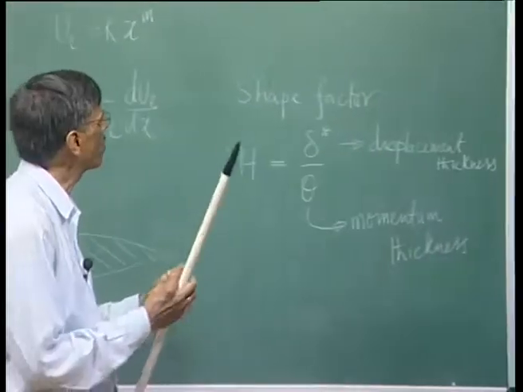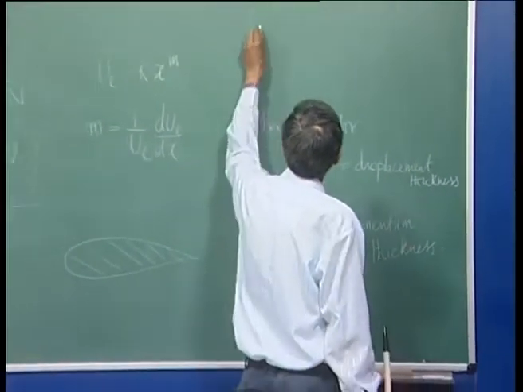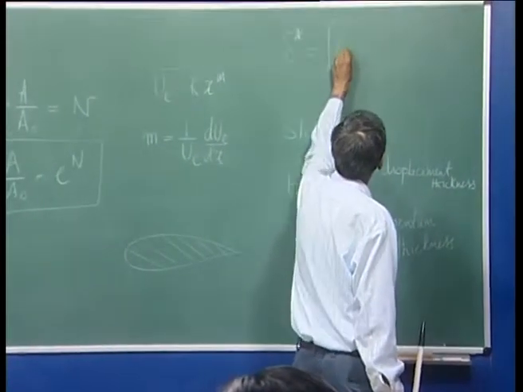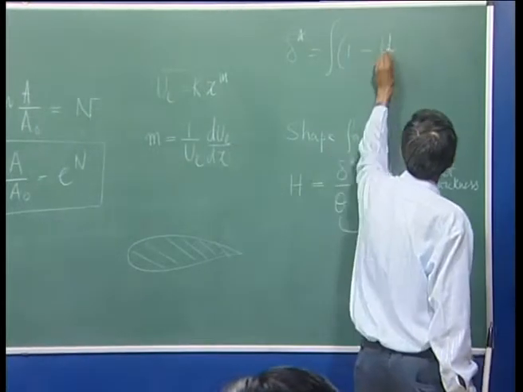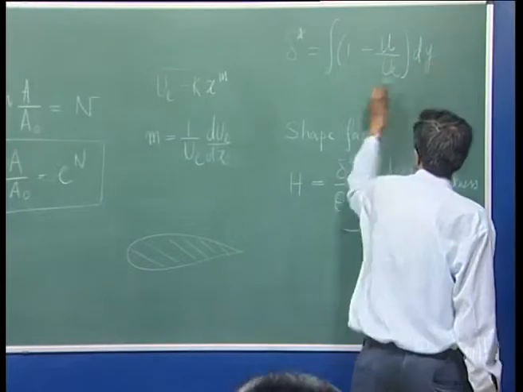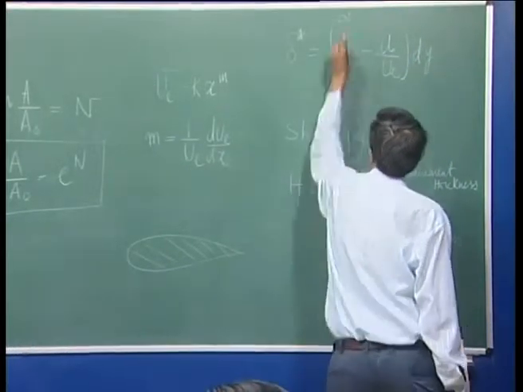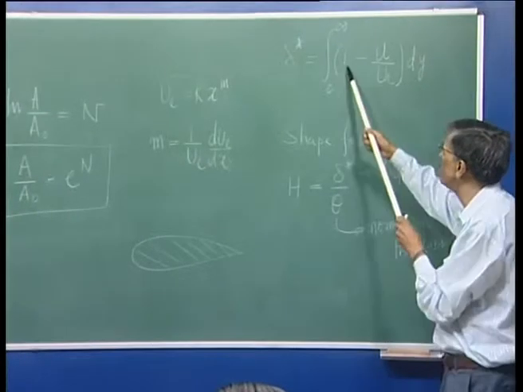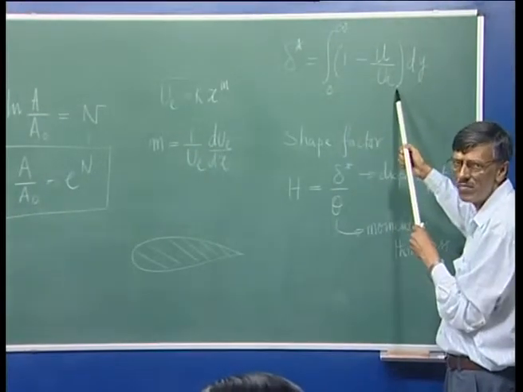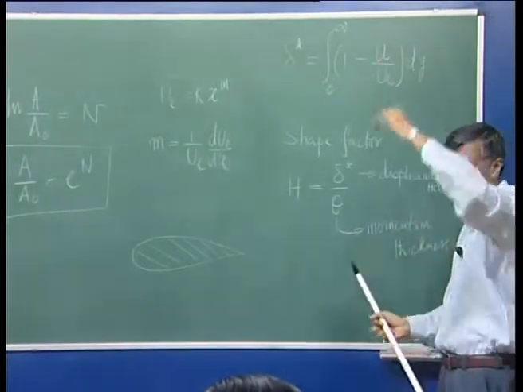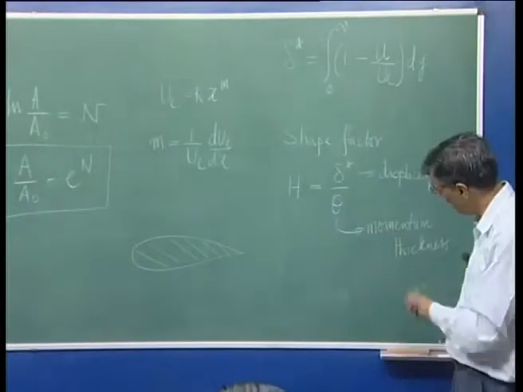So, for an incompressible flow, what is the definition of delta star? Integral of 1 minus u by u_e dy, and this we can do. Ideally, it should have been equal to 1, but the viscous effect has brought it down to u by u_e. So, we integrate over the whole width to get delta star.